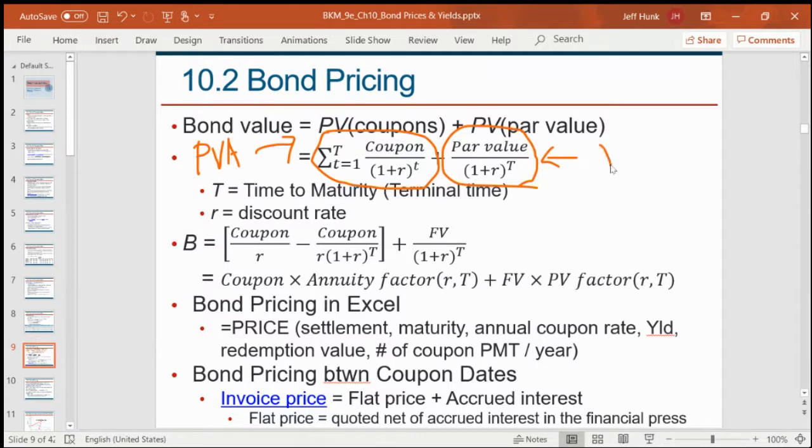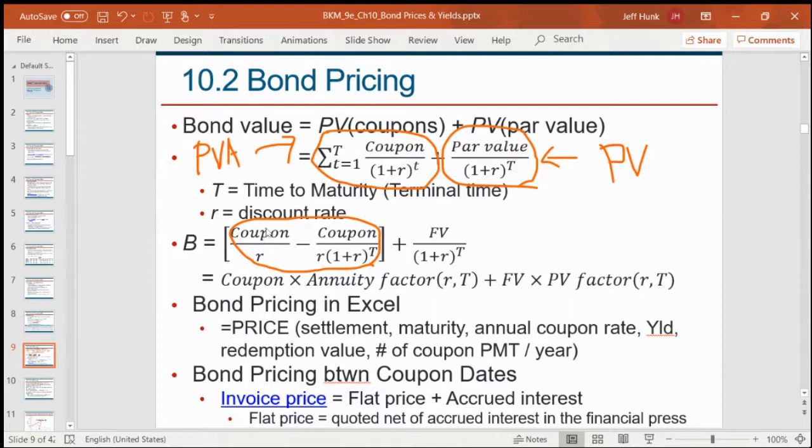So this is the present value of a single cash flow, a single sum, and this is the present value of annuities, or multiple cash flows. And the formula for the present value of annuity is payment over rate R minus payment over R times (1 plus R) raised to N.